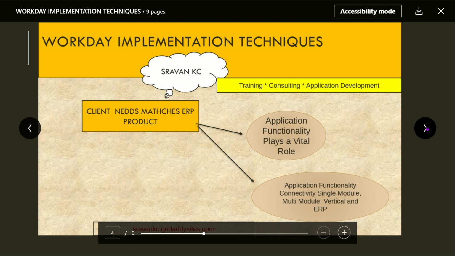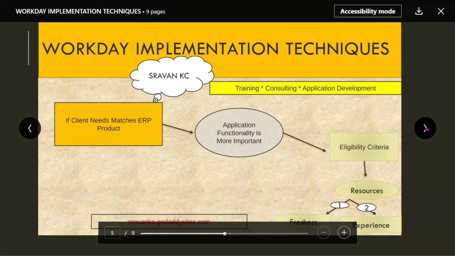Once you configure the functionality at one particular application level, you can recall the same functionality in another application of similar nature. Application functionality is more important in implementation.